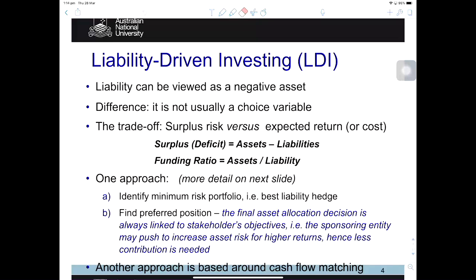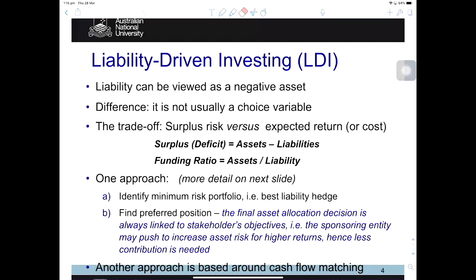For instance, for the DB funds of government agencies, when they have more public servants on their payroll, they create this liability for themselves, for the government agency, to pay the pension in the future. So it's not a choice variable by the fund manager or the board of the super fund. This will put quite some restraint on how the manager is going to manage the assets within their discretion.